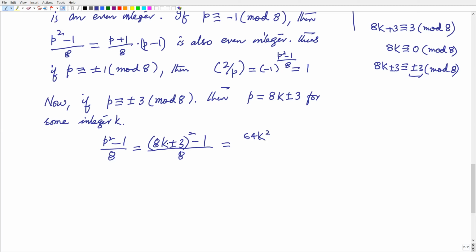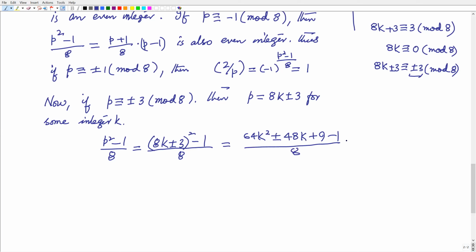Now we apply the perfect square formula here, so the middle term has sign plus minus. So plus minus 8 times 3 is 24, 24 times 2 is 48, so 48k, then plus 9, then minus 1 divided by 8.